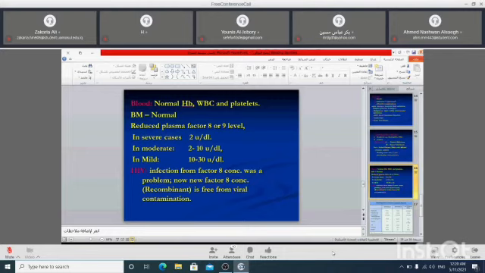So there is reduction in the plasma level of factor 8 or 9. طبعا the severity of the disease تعتمد على level of the factor present. In severe cases, factor is severely reduced and reach up to 2 units per deciliter. In moderate, the factor level 2 to 10 units per deciliter, and in mild cases, the factor level 10 to 30 units per deciliter.